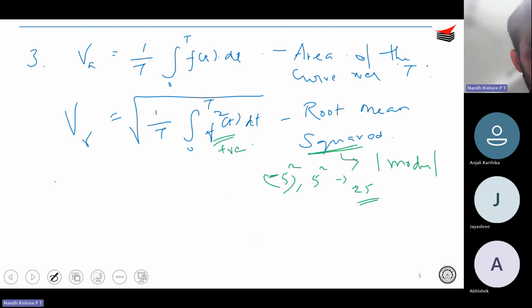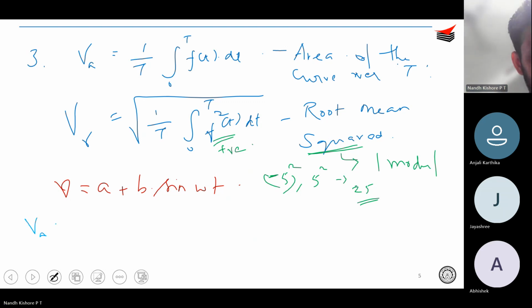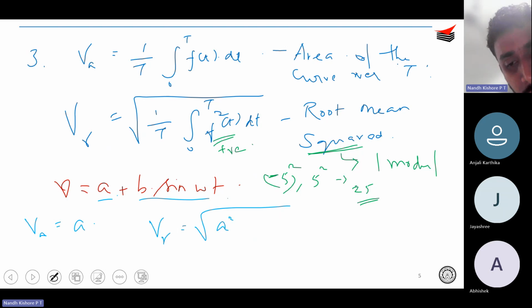Okay, and let's say I have a function v is equal to a plus b sine omega t, correct? So what is the average value? The average value is going to be just a, correct? Because the average value of b sine omega t is 0. Okay. And what is the RMS? RMS is going to be root over a square plus, so the RMS of a is a. And what is the RMS of b sine omega t? RMS of b sine omega t is b by root 2.